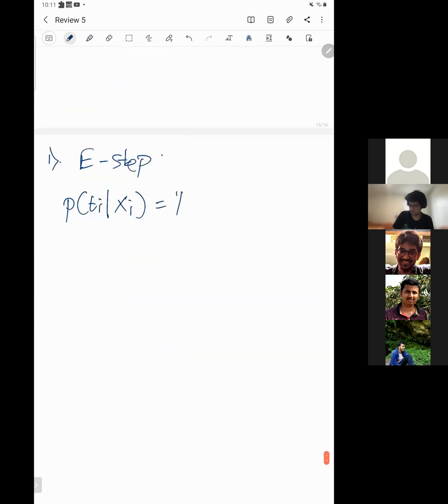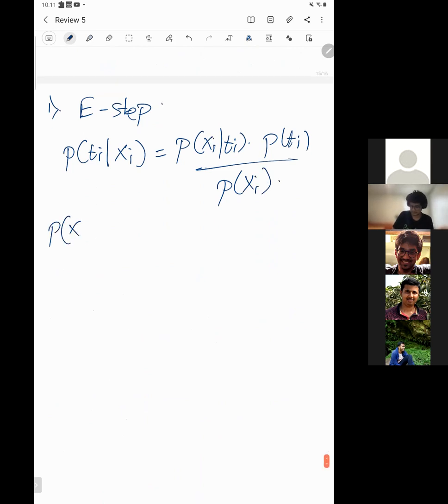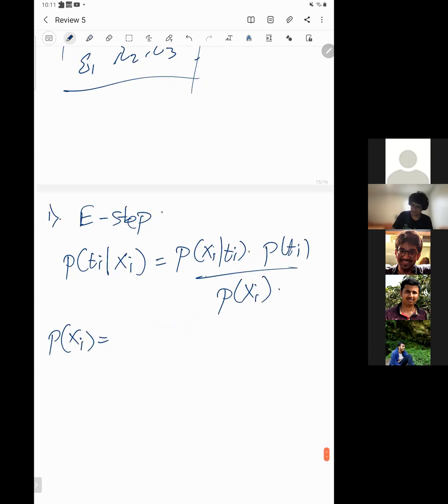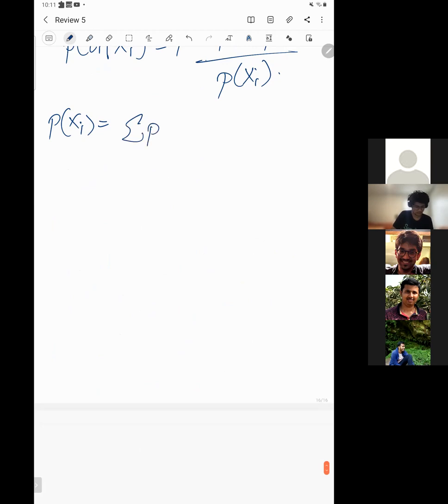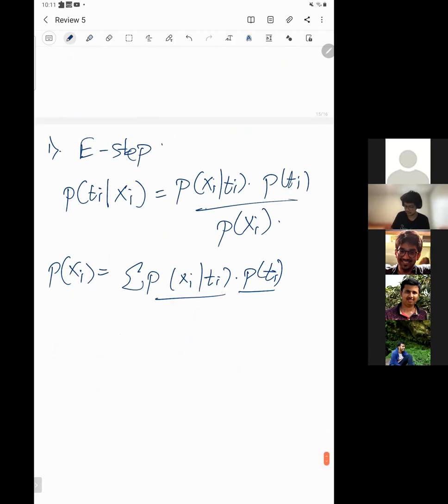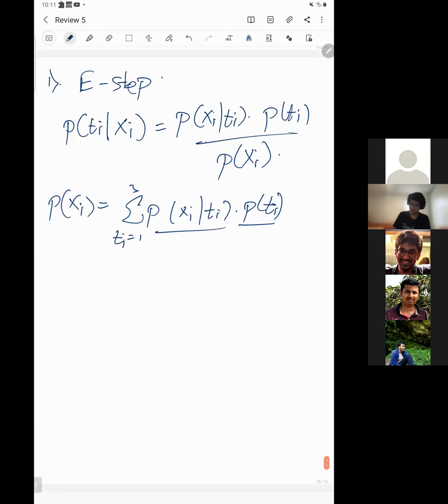And as we know, with Bayes rule, this holds. And with marginalization, we can write this thing as P of xi given ti times P of ti. We know both of these quantities, and this is just a sum over all the values that ti can take, so this is just 3.